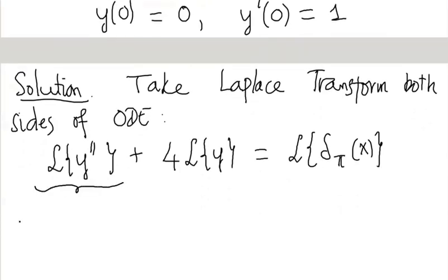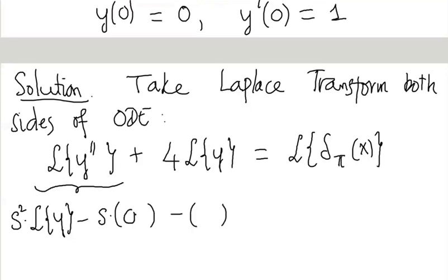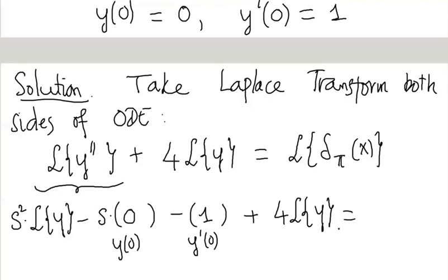The Laplace transform of the second derivative is s squared times the Laplace transform of y minus s times y of 0 minus y prime of 0. Recall this is y of 0, this is y prime of 0. Here y of 0 is 0 and y prime of 0 is 1. Then plus 4 times the Laplace transform of y. On the right hand side we have the Laplace transform of the delta function, delta c, which is e to the minus c s, here e to the minus pi s.